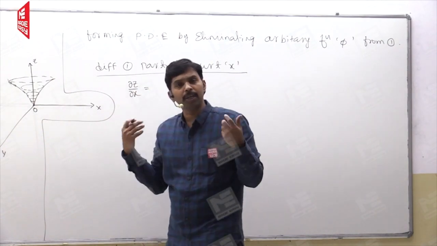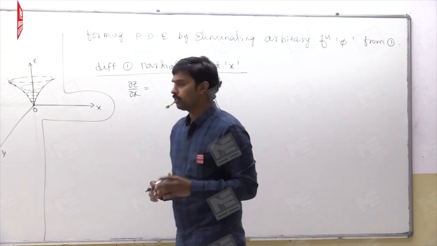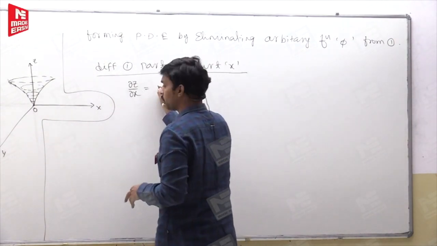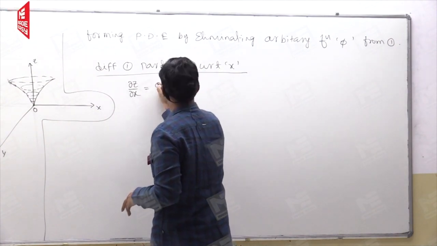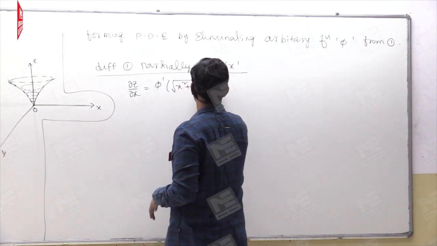Phi can be anything. It may be cos, sine, square, cube, or any function. So if you want to differentiate that function with respect to x, I should write it like this: phi dash of under root of x square plus y square.